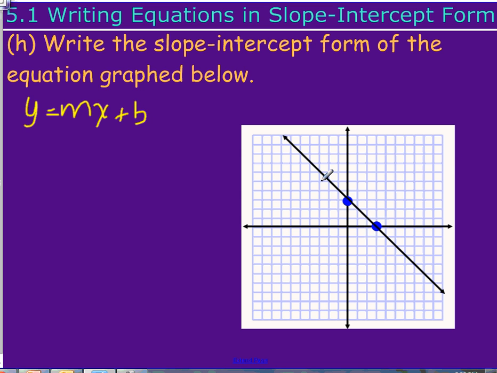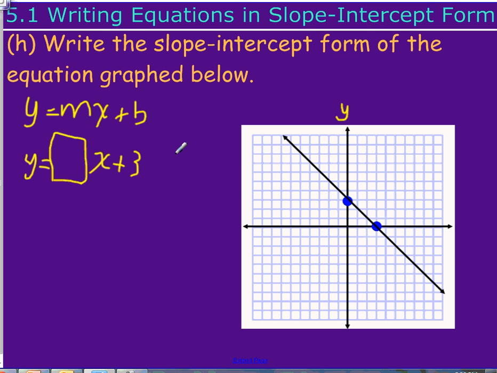Well, my y-intercept is a little easier than my slope in this particular problem because I can just visually look at where my line goes over the y-axis, and that is at 1, 2, 3. So I know my equation's going to look something like this.